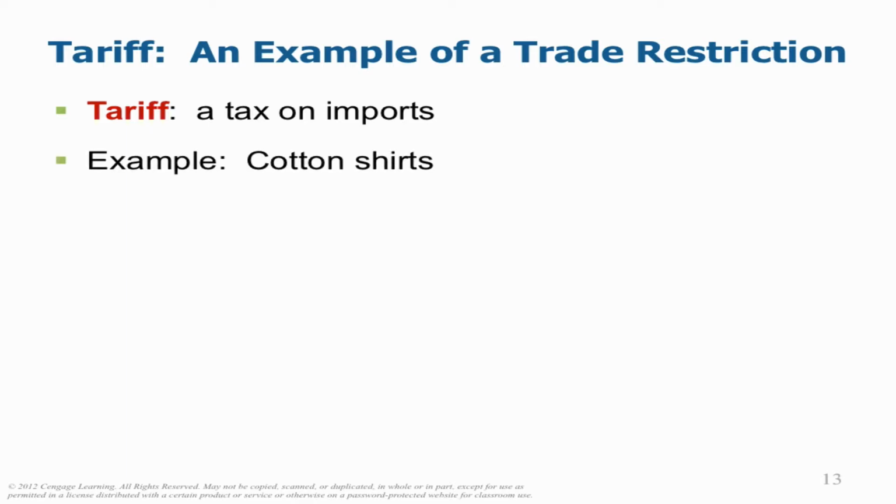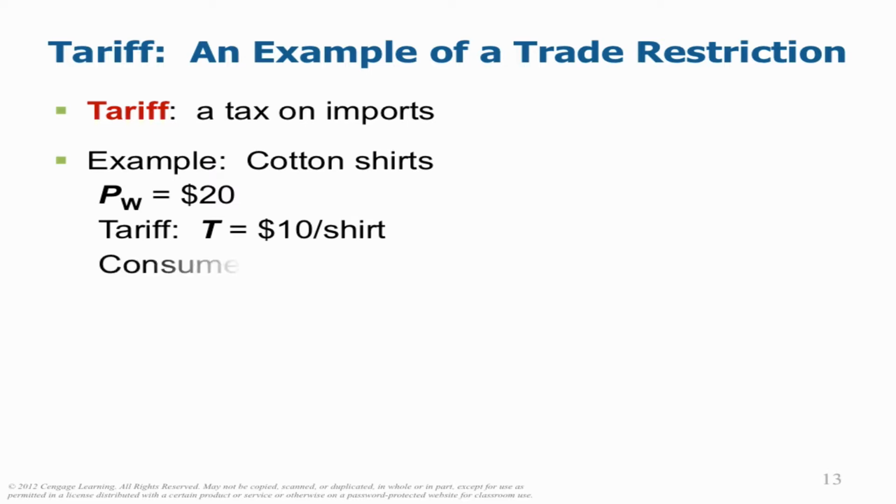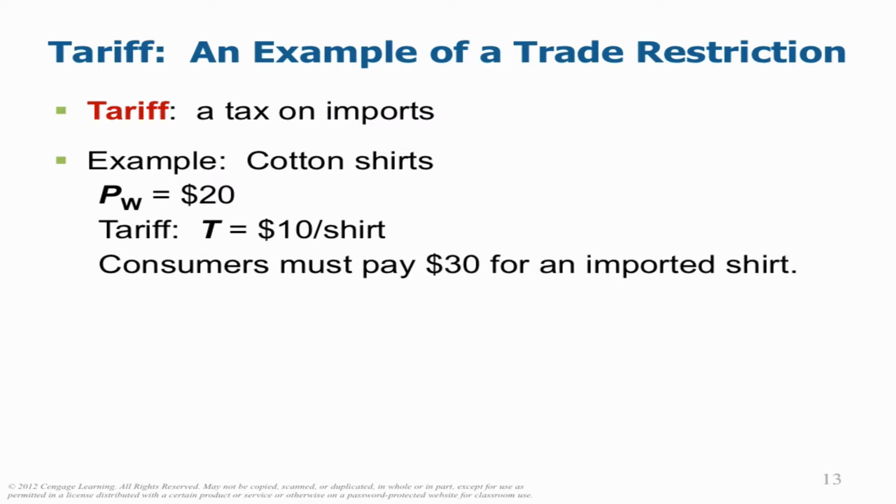Okay, cotton shirts. The price of a cotton shirt on the world market is $20. We add a tariff of $10 a shirt. So now to buy that imported shirt, you're going to pay $30. You guys math so well. Okay.